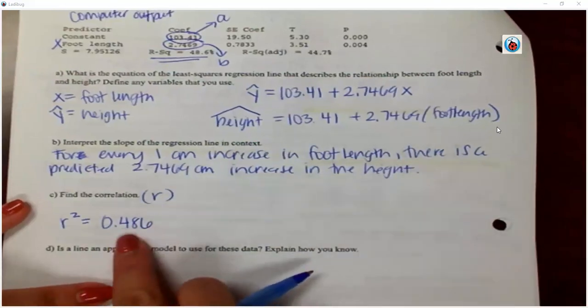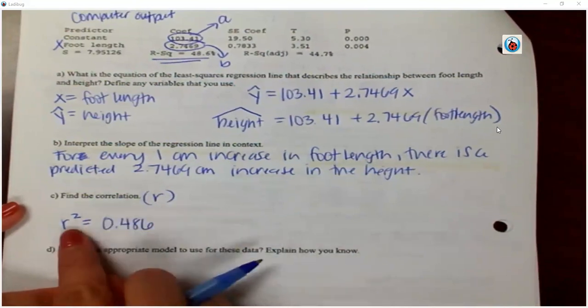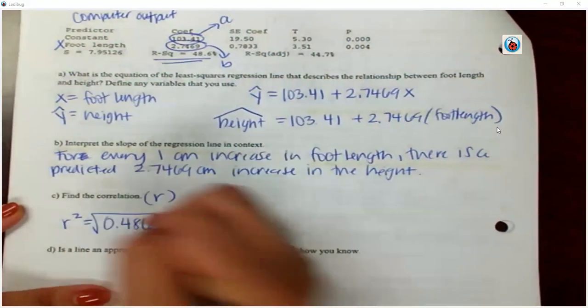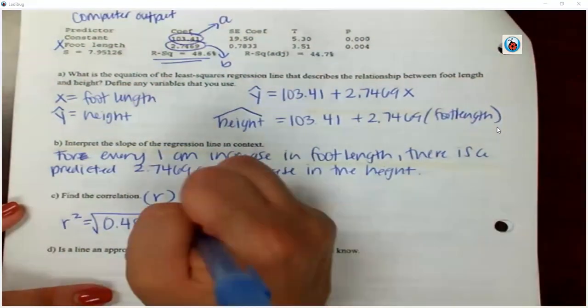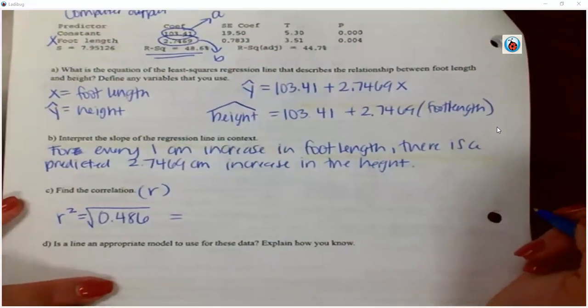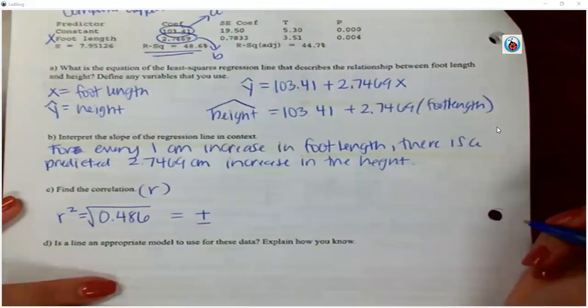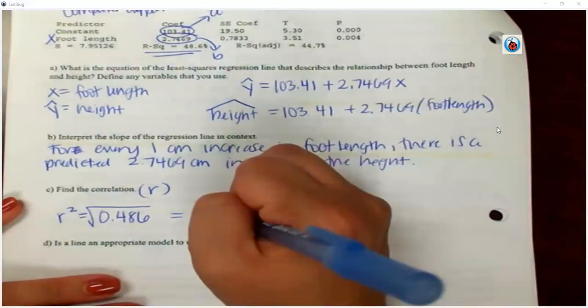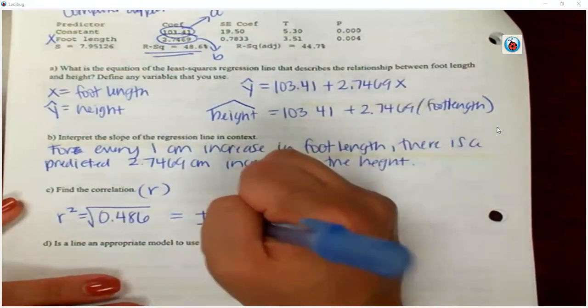And so I can convert this to a decimal. And if I want to find R from R squared, technically all I need to do is take the square root. And in this case, because when you take the square root of a number, you can have either the positive or the negative of it. If you were to stick this in your calculator, you would get 0.697.